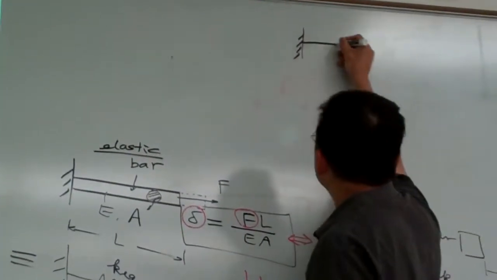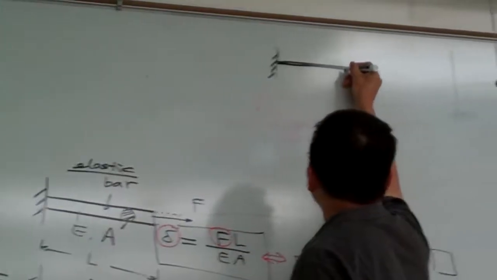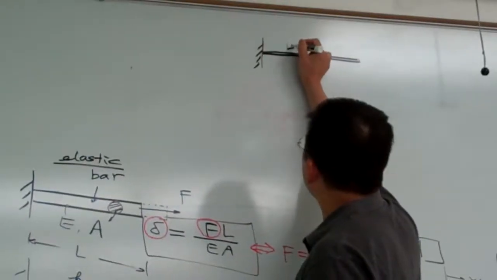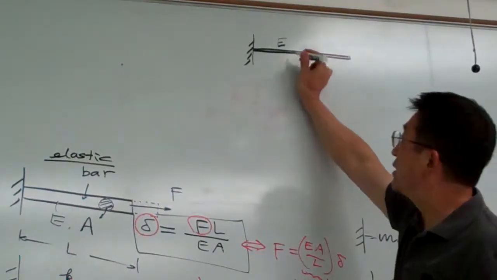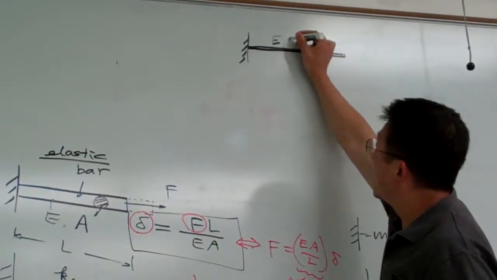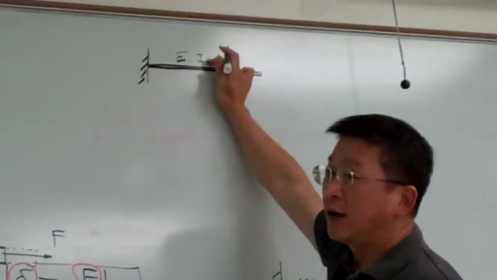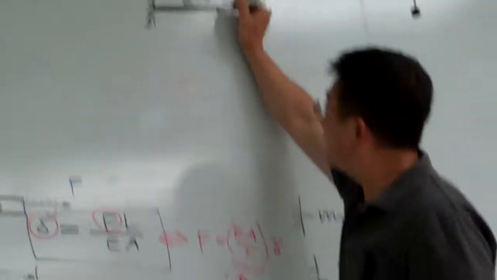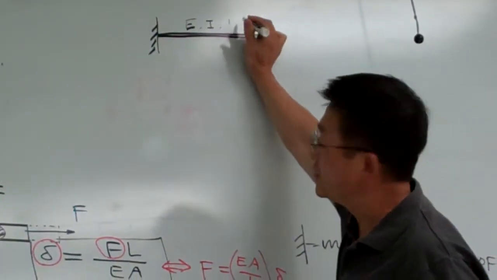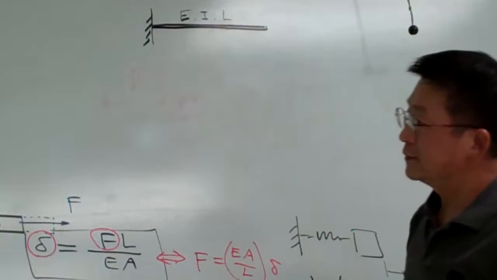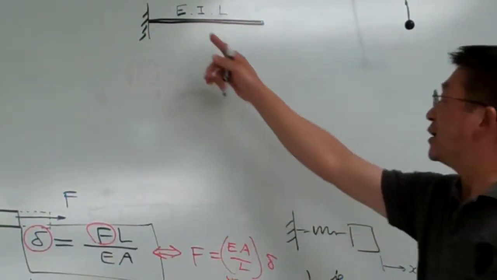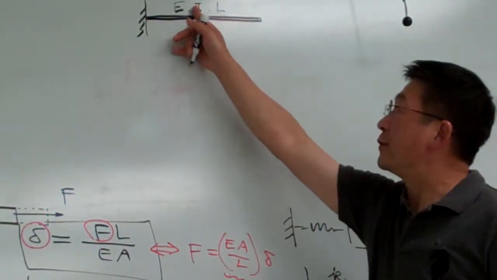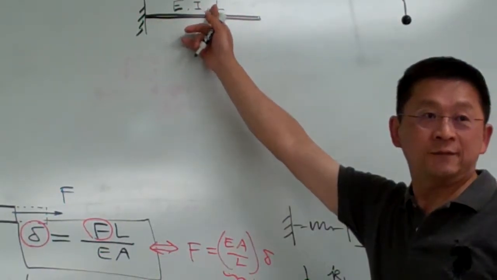This system is a cantilever beam. Again, we describe it by its material property E, moment of inertia I, and the length capital L. Okay. So that is the material properties and geometry and dimensions here.